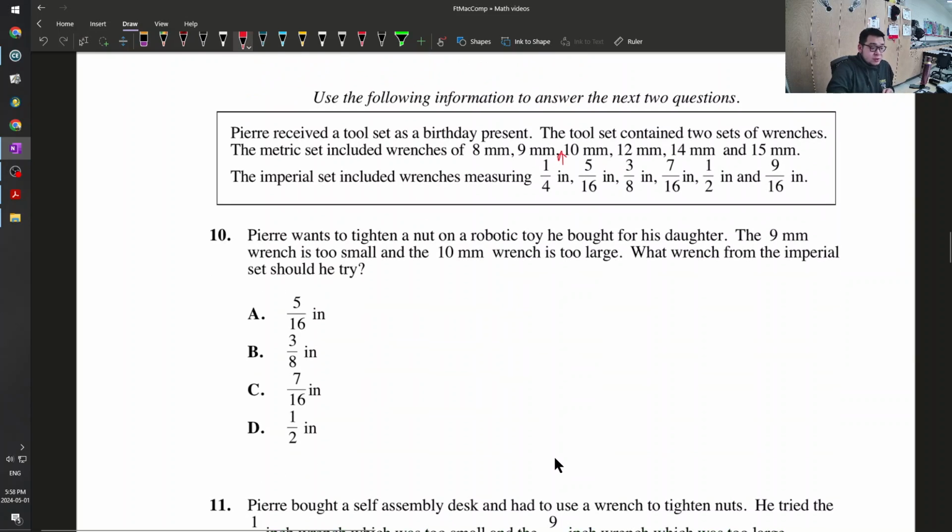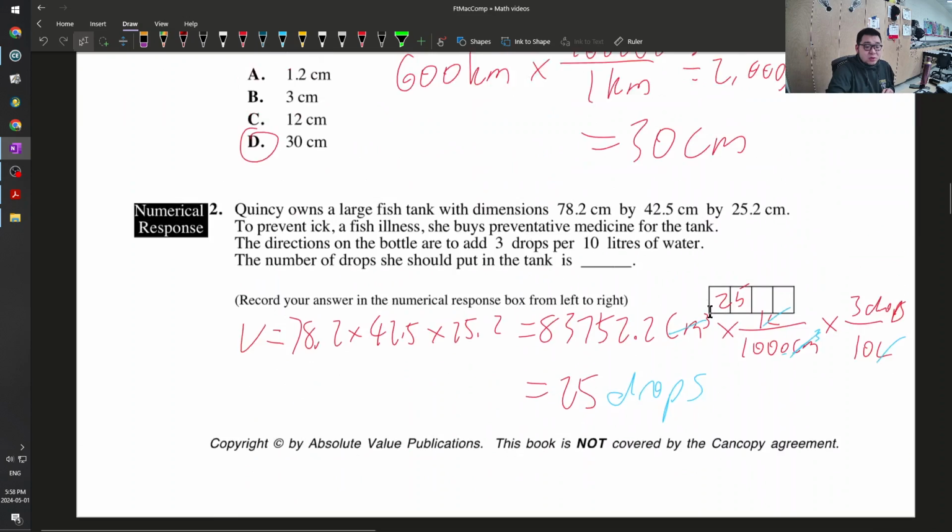Which is 0.9 centimeters and 1.0 centimeters. So I want to find something that is between these two values. So which of these are between these two values? We know that, where's my formula sheet?